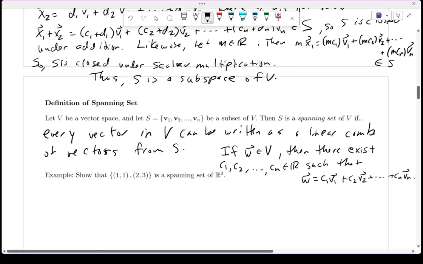No matter what vector we pick in V, I could write that vector as a linear combination of the vectors from S. That's what that means.